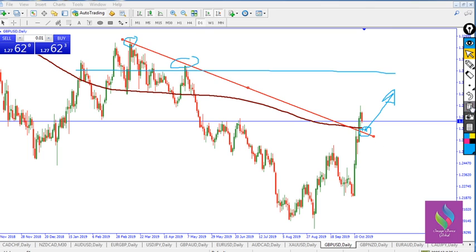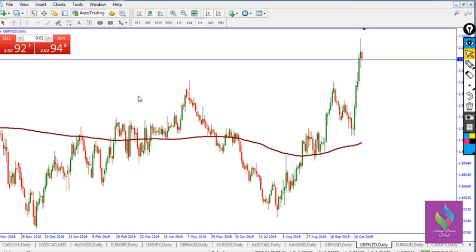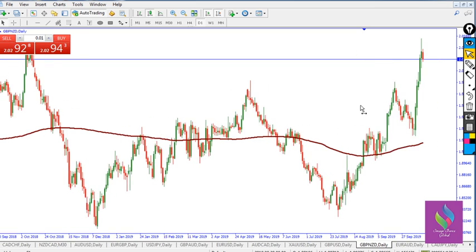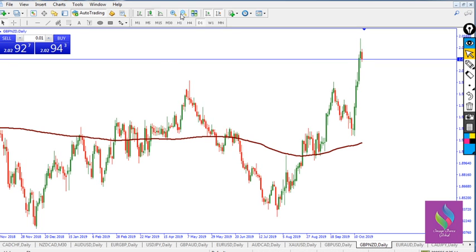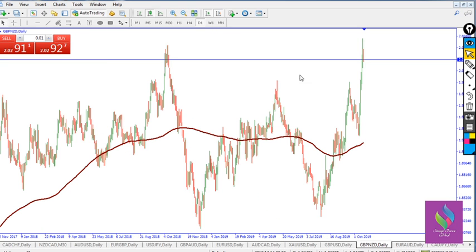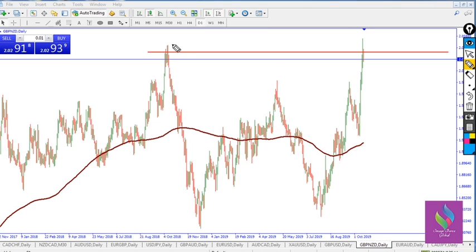So all that being said, we also looked into the GBP USD, and we were able to identify a couple of reactions in the market. Let me just reduce this gradually so you can see a very nice reaction around that resistance line, and we are also looking for a very nice pullback around this region.